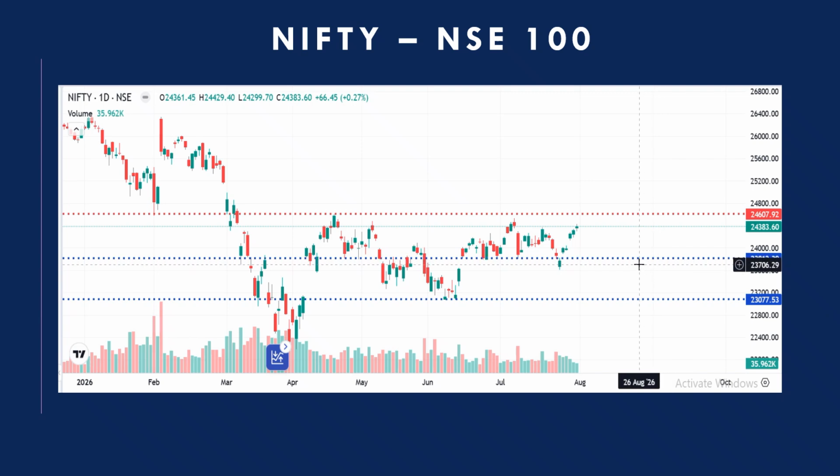It has acted as a very strong support, and we could expect the Nifty to trade sideways within this zone with a chance of breaking out towards the top, which will be above 24600. There is a show of strength. It has printed a continuous range of green candles during the last 1 week, and if the momentum continues, we could expect a breakout next week.